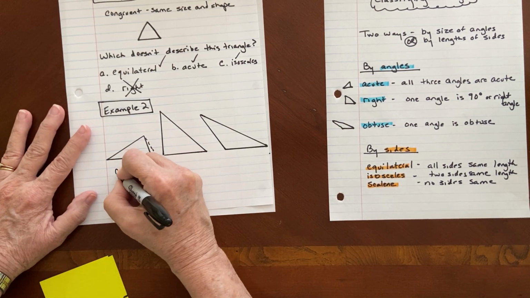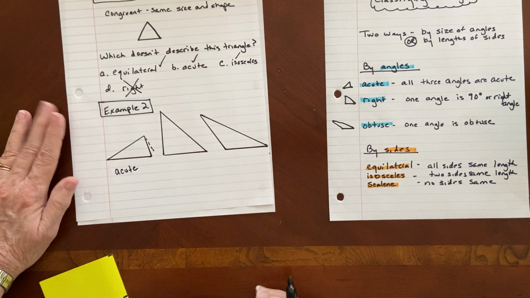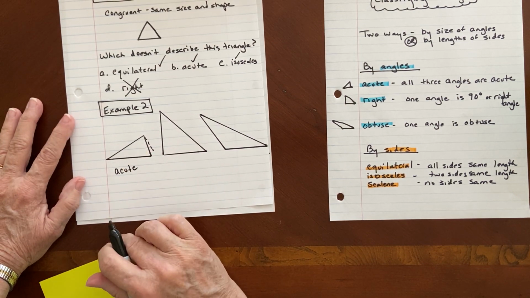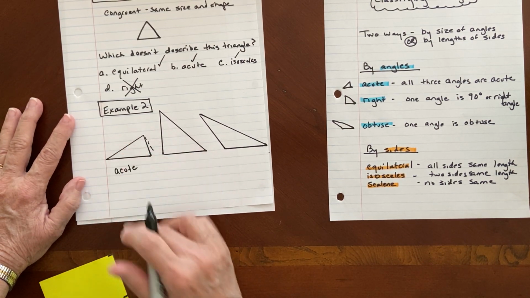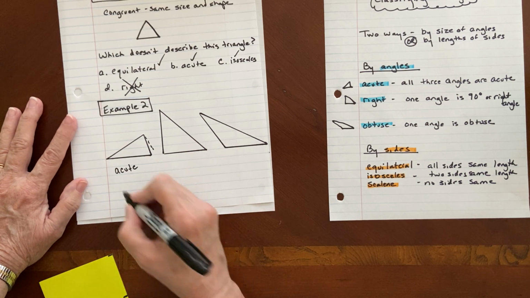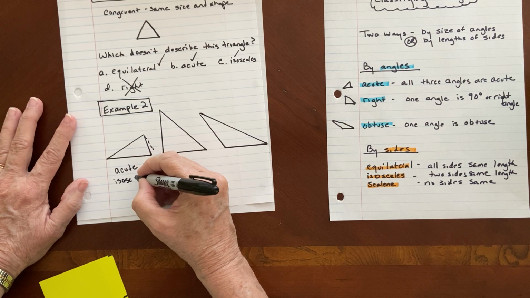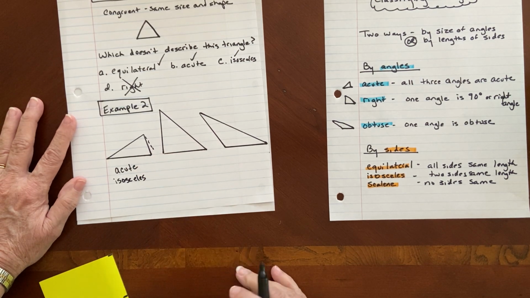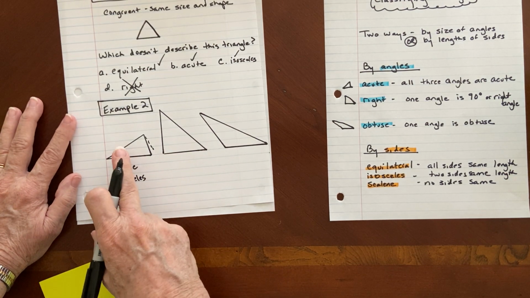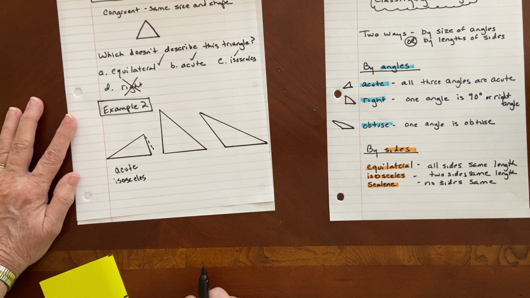So that one's an acute. What about if I classify it by sides? I know those two are the same size, aren't they? So it's isosceles. I can't spell that one. So this was an acute isosceles triangle.